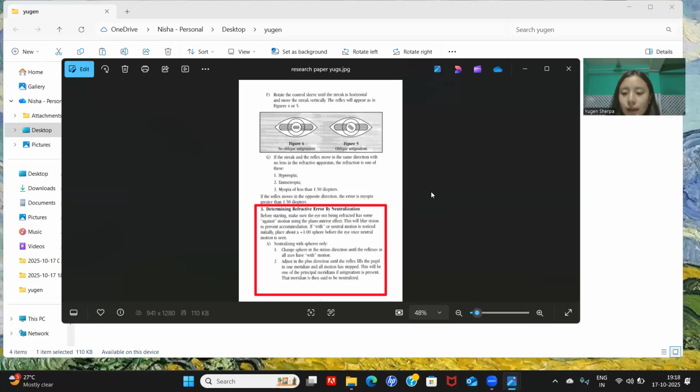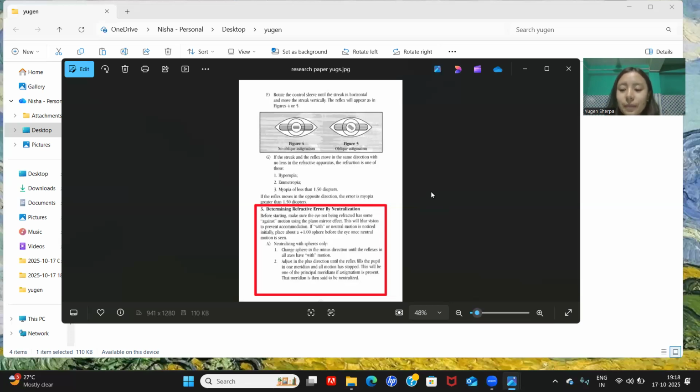So now I would like to talk about the neutralization process. That is, we place lenses from the trial box in front of the patient's eye to stop the movement of the reflex. When the reflex appears to fill the pupil uniformly and shows no movement, neutralization is achieved.